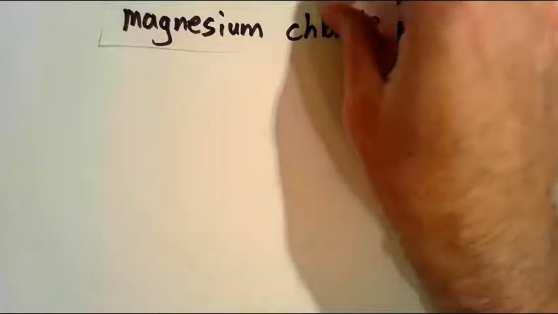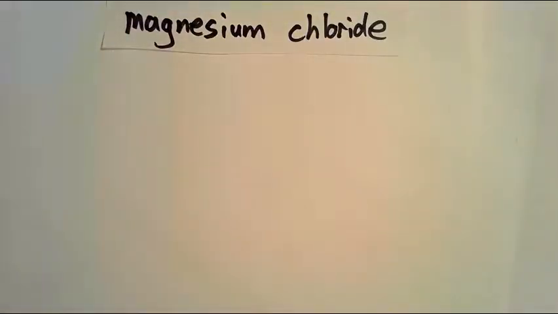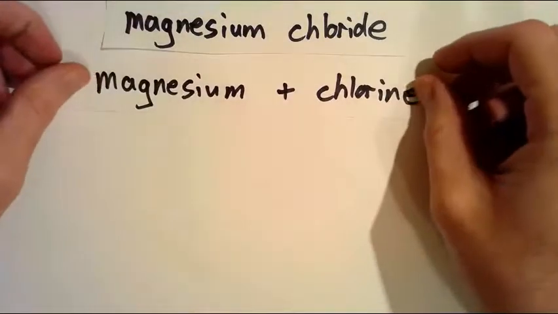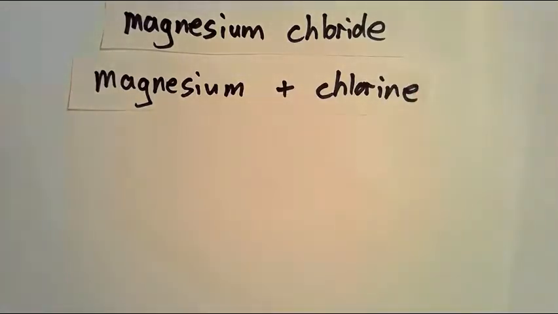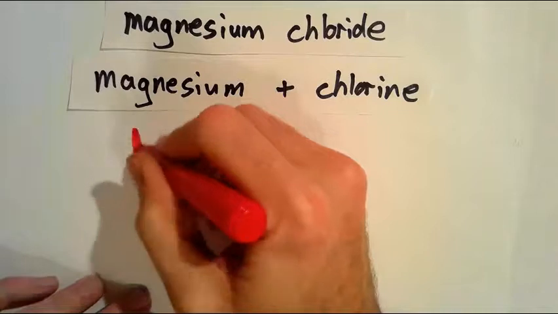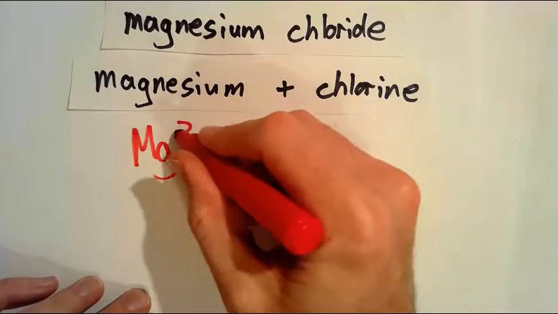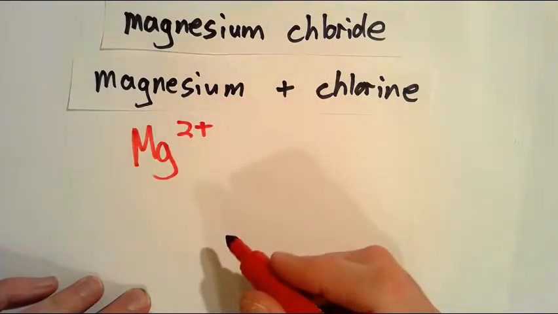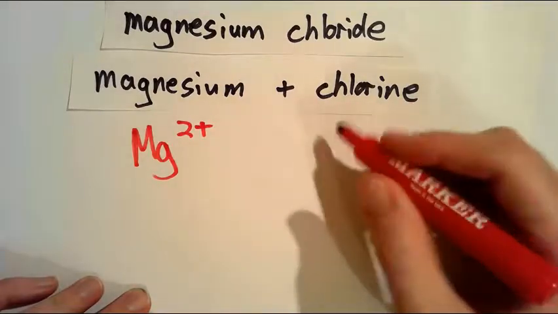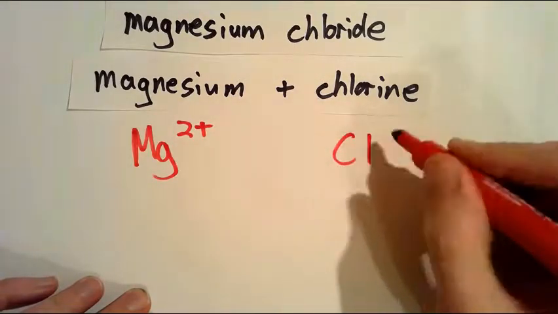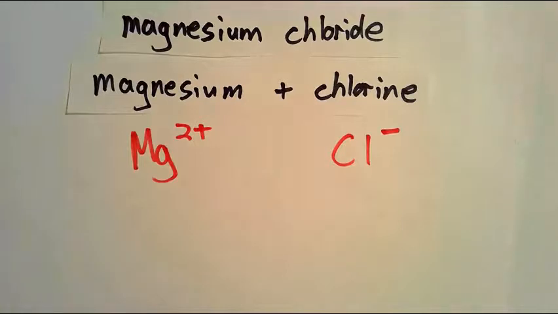Another example is magnesium chloride. So remember, this is just magnesium and chlorine. So let's get their oxidation states. Magnesium is a +2 charge because it's in group 2 on your periodic table, and chlorine is a -1 charge. It is in the halogens group.